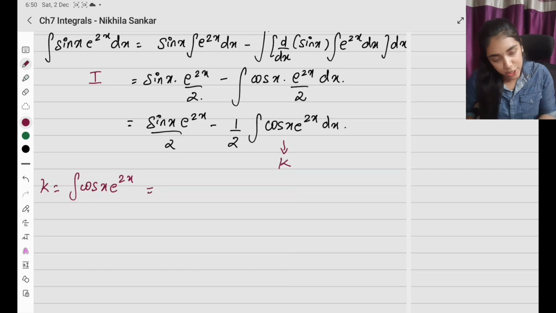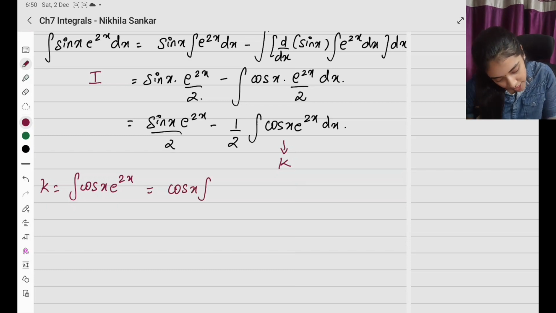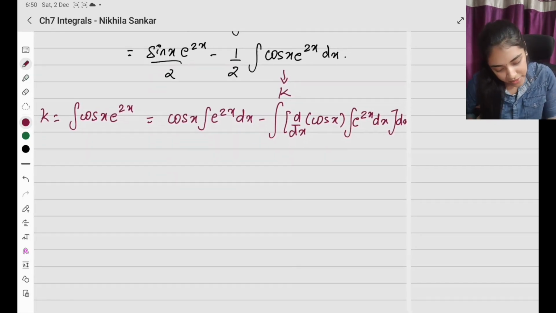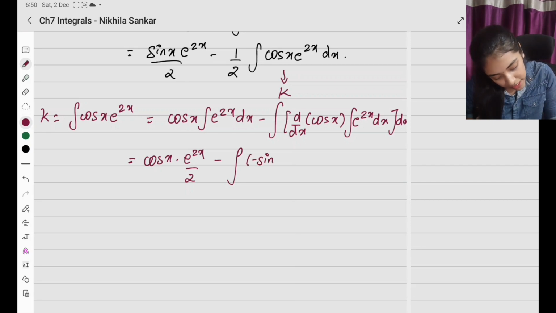This again integration by parts. So I have first function integral of second function minus integral d by dx of first function times integral of second function close bracket dx. So this is going to be cos x times e to the 2x by 2 minus integral of cos x derivative is going to be minus sin x times e to the 2x divided by 2 times dx.